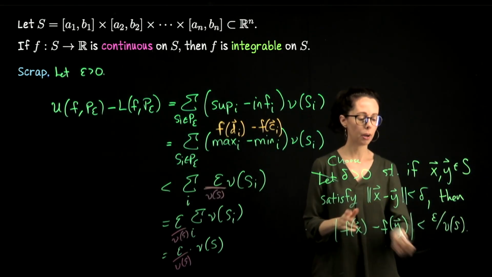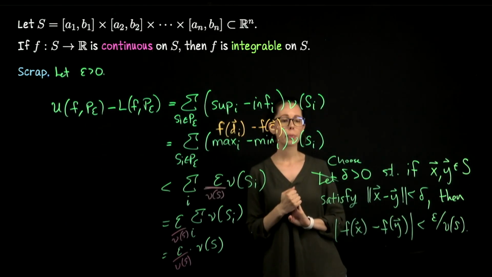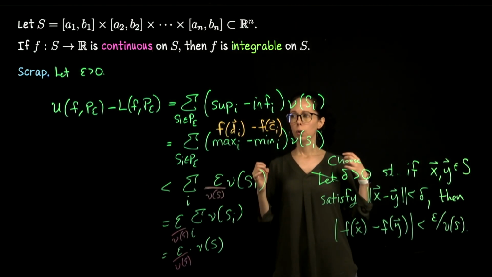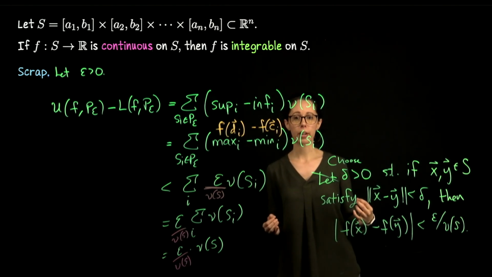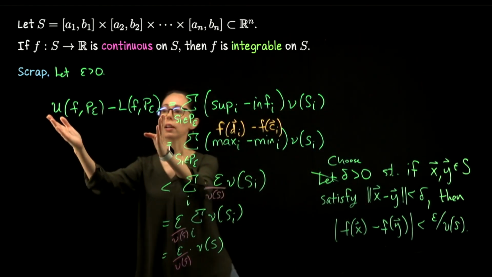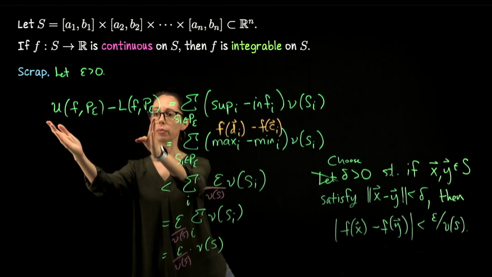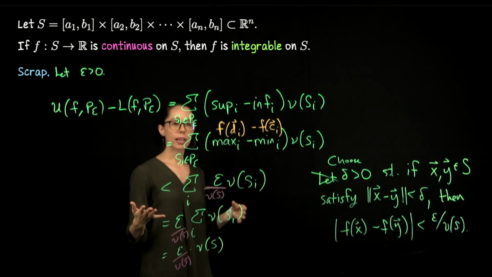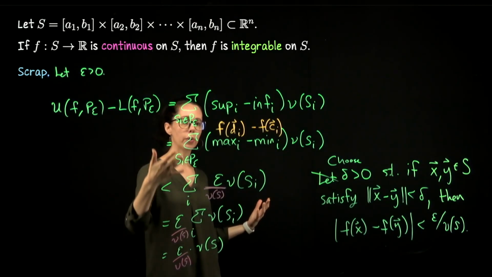Okay, before I pause, let me summarize what we have worked out on scrap paper so far. What we are going to use is Riemann's condition for integrability, which means comparing the overestimate with the underestimate after we have partitioned S. Then we said, okay, we're working with a uniformly continuous function.